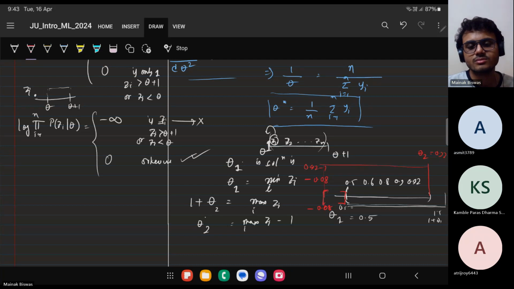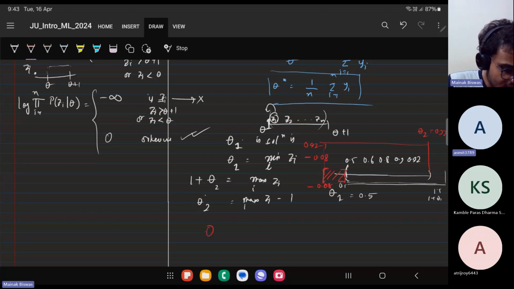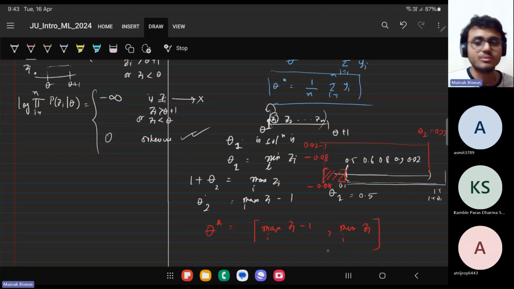Yes or no? So I am saying theta star is equal to max Zi minus 1 to min Zi. All numbers. Is it clear? Okay.